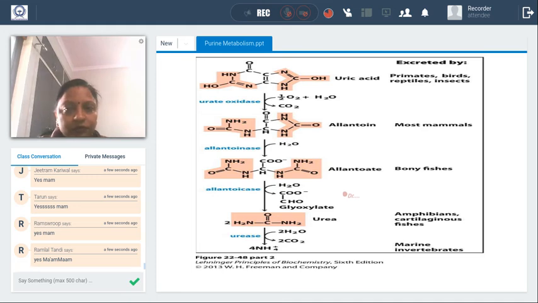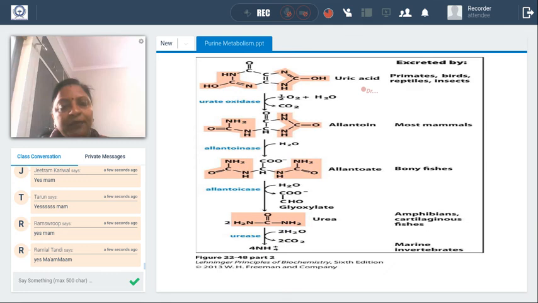You have to learn three points: de novo, salvage, catabolism, that is uric acid. Three main points: de novo synthesis from ribose 5-phosphate, PRPP forms, and from nucleosides we get nitrogen bases, and again from nitrogen bases we get nucleotides. This is the salvage pathway. And then catabolism, the main process is the production of uric acid.